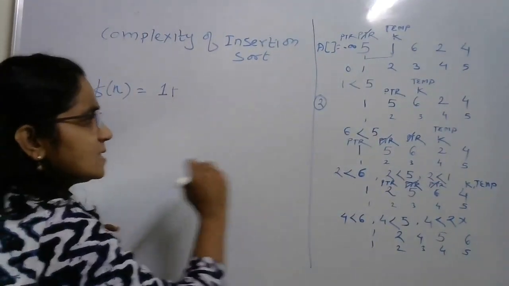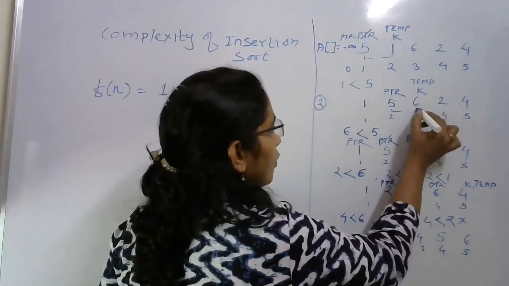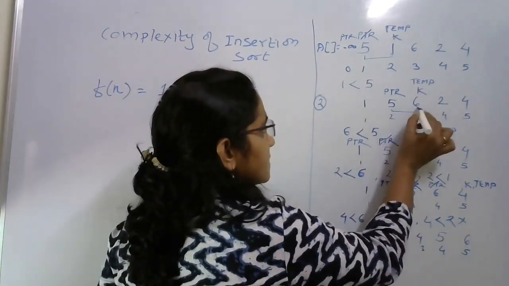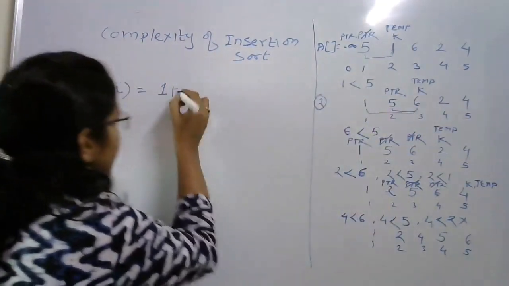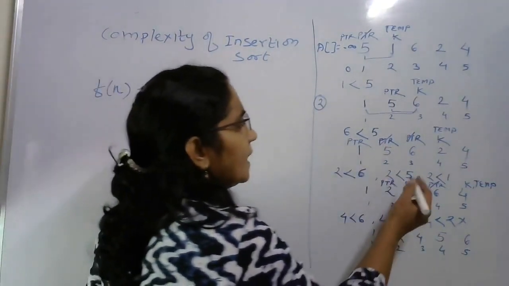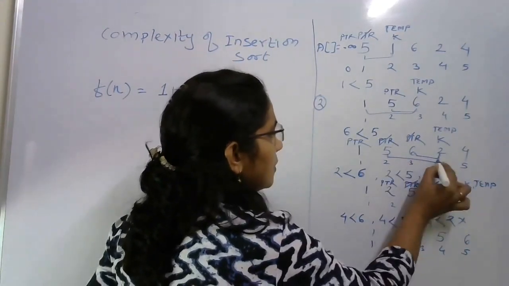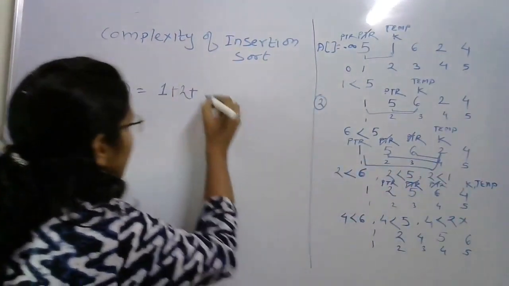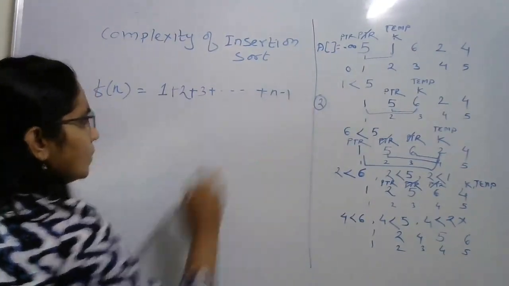At the second pass, when the value of k equals 3, we require two comparisons, 6 to 5 and again 6 to 1. At the next step, it requires 3 comparisons: 1, then 2, and then 3. So similarly, up to n minus 1.